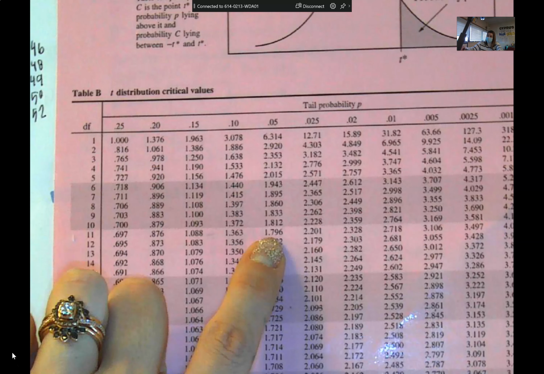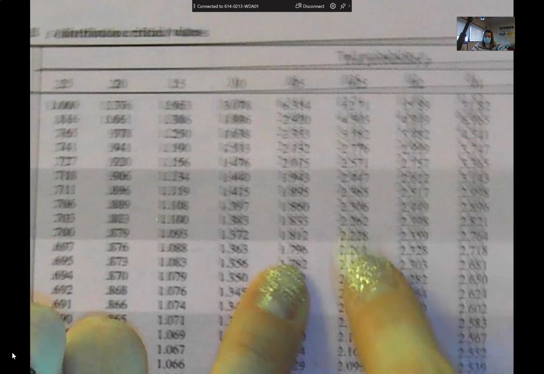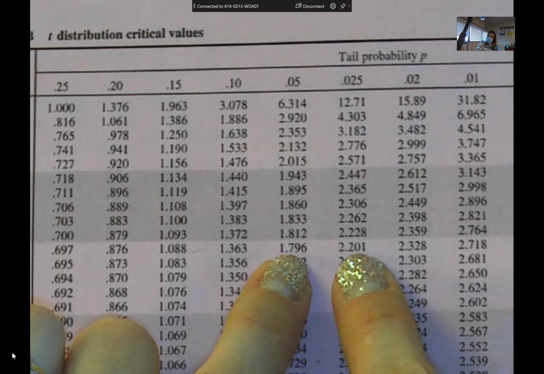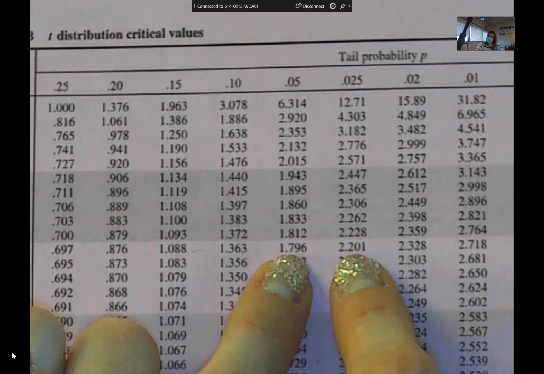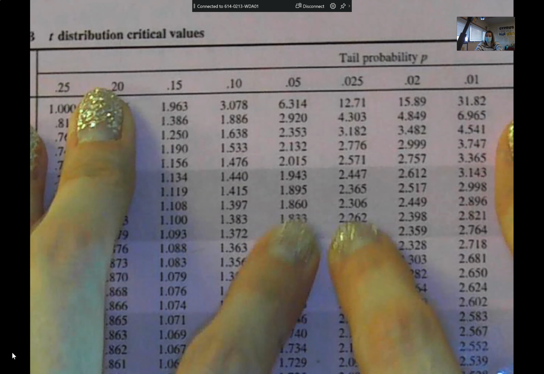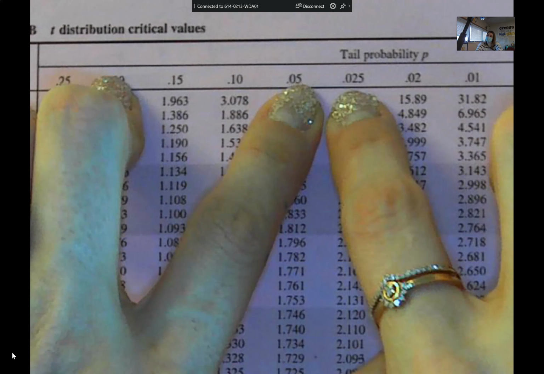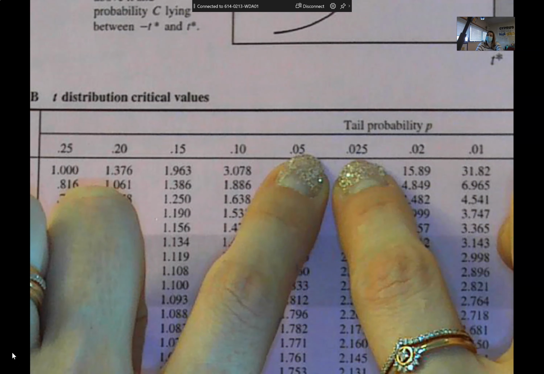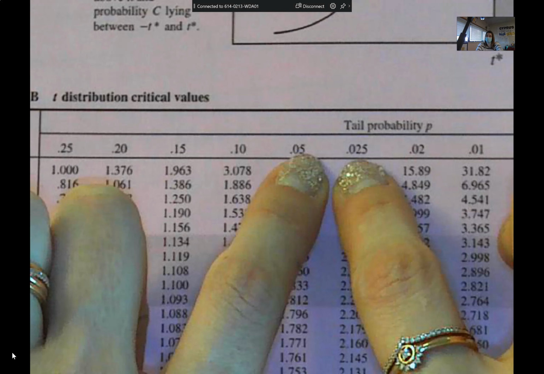On degrees of freedom 11, a t-value of negative 2.0976 is between these two numbers. So if I slide up, that tells me that the range my table gives me is 2.5% to 5%.